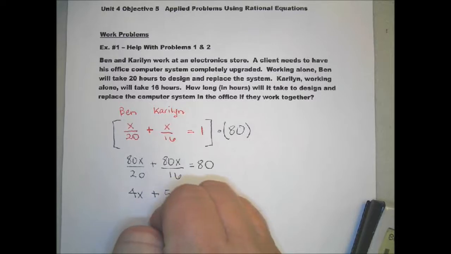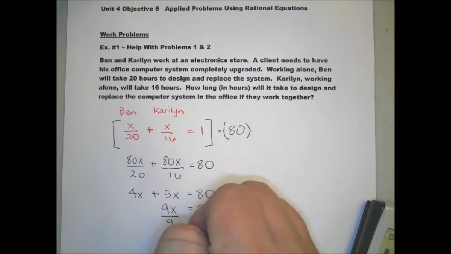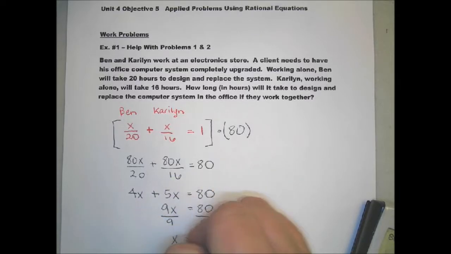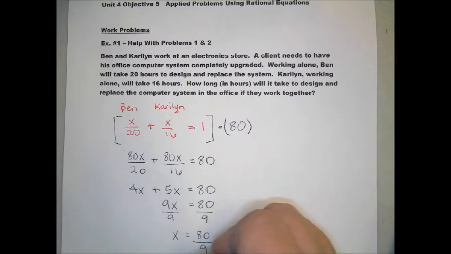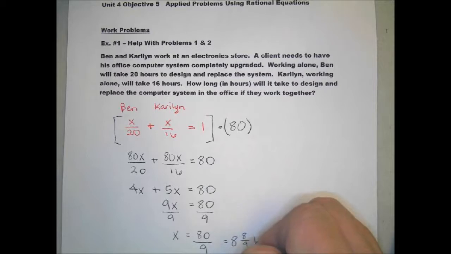Divide both sides by 9. x equals 80 over 9, which is 8 and 8/9 hours. So together, it's going to take them 8 and 8/9 hours to get the job done.